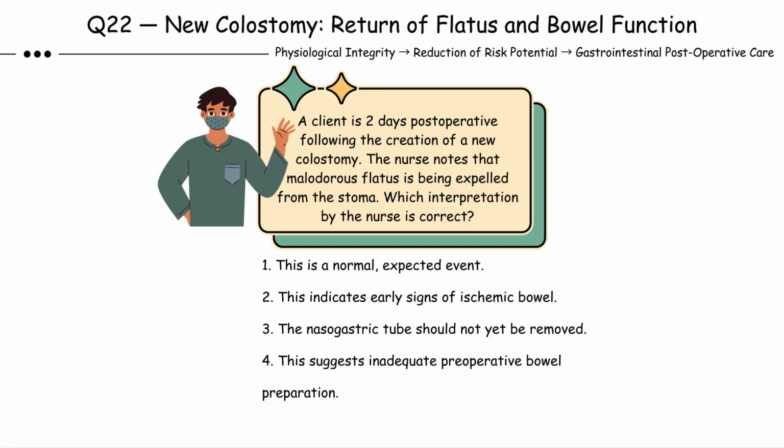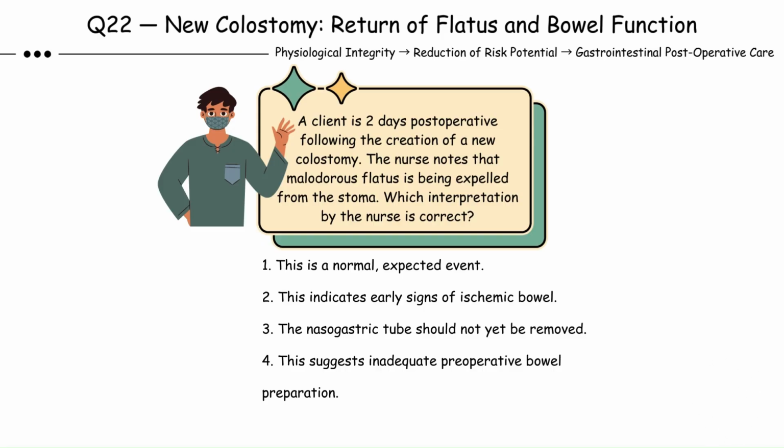Option 2. This indicates early signs of ischemic bowel. Option 3. The nasogastric tube should not yet be removed. Option 4. This suggests inadequate preoperative bowel preparation. Take a moment and think. What does passing gas from a new colostomy really tell you about bowel function?